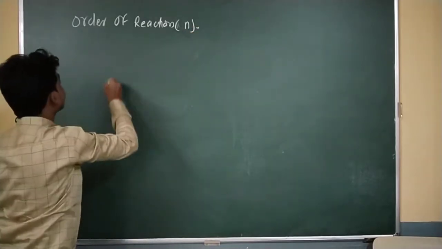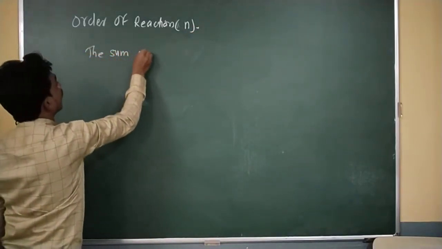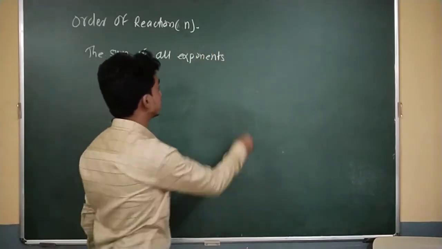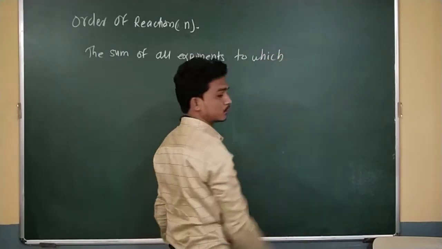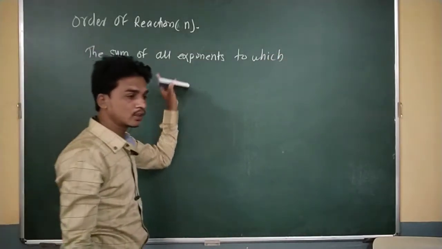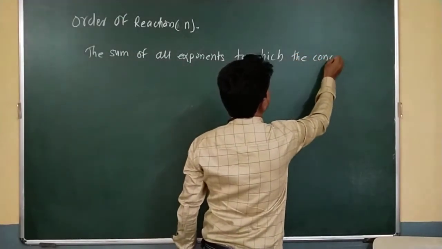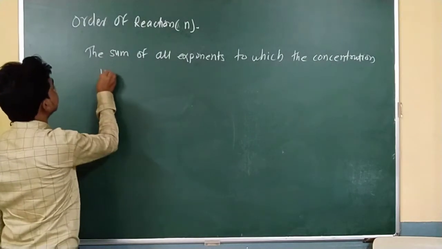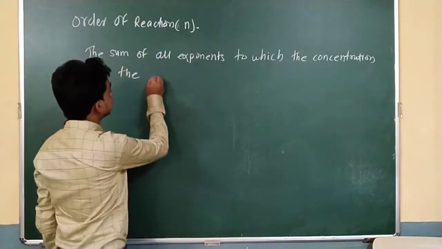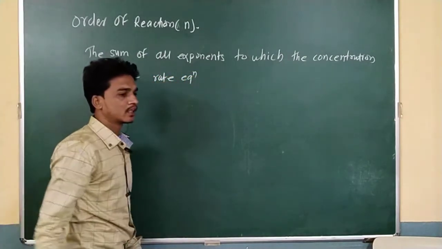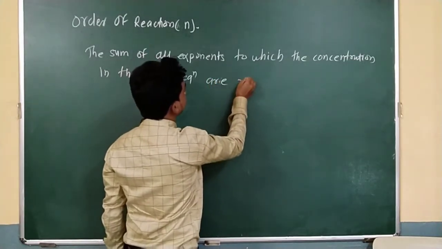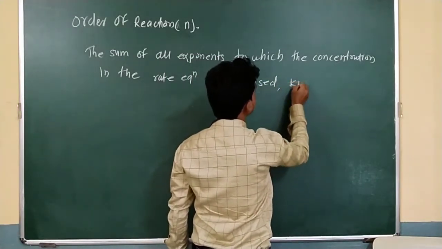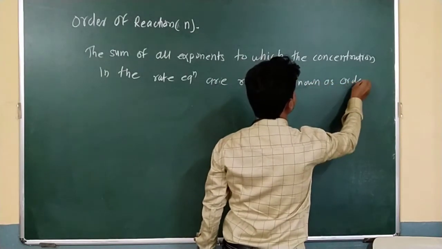So the definition of order is that the sum of all exponents to which the concentration terms in the rate equation are raised is known as the order of the reaction.